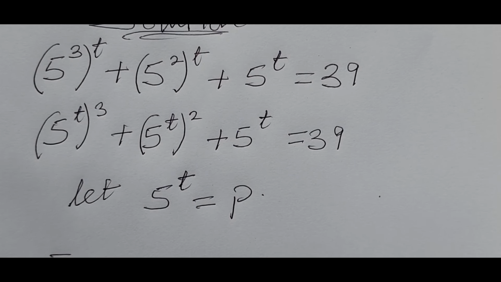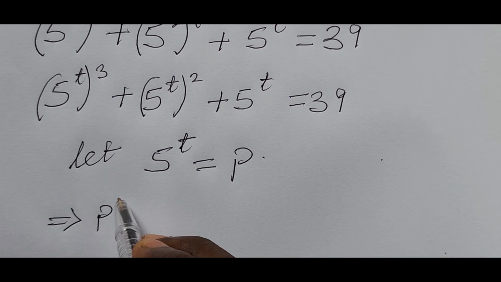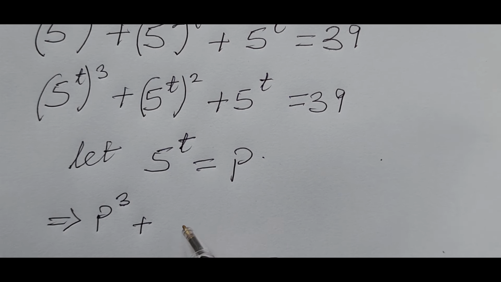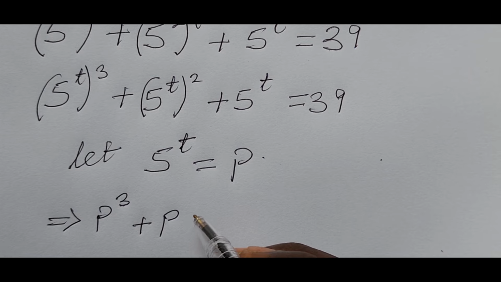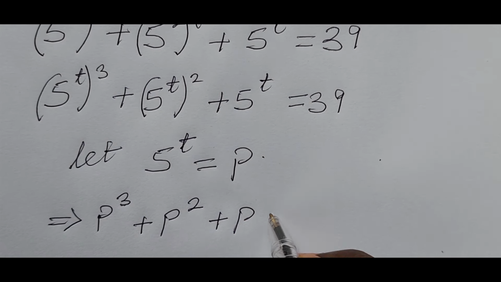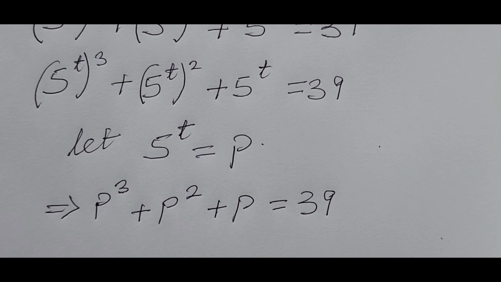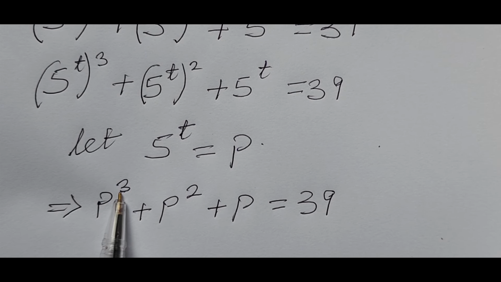So this now implies p to the power of 3 plus p to the power of 2 plus p, everything equals 39. If you check the powers of the variable here, they are in increasing order: we have the powers 1, 2, and 3.